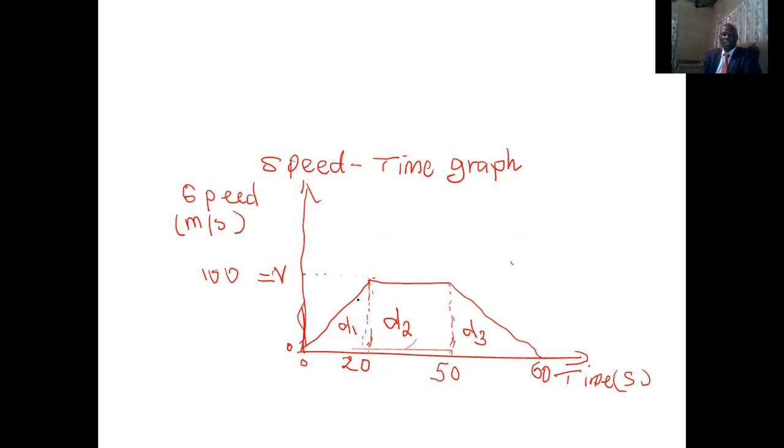Now we need to find the distance covered by the car from 20 seconds to 50 seconds, that is in 30 seconds time, and that is when the velocity was constant, which we have denoted by distance 2.